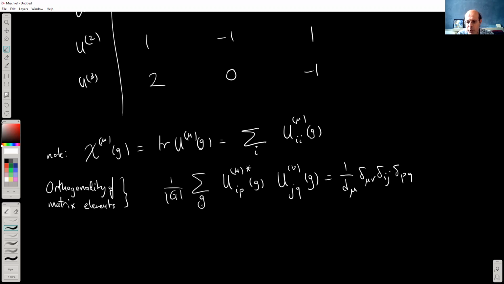So there's a summation over G. All the other numbers, i, p, j, q, are not summed. But what I need to do is choose p equal to i in here, and q equal to j, and sum over i and j, right?